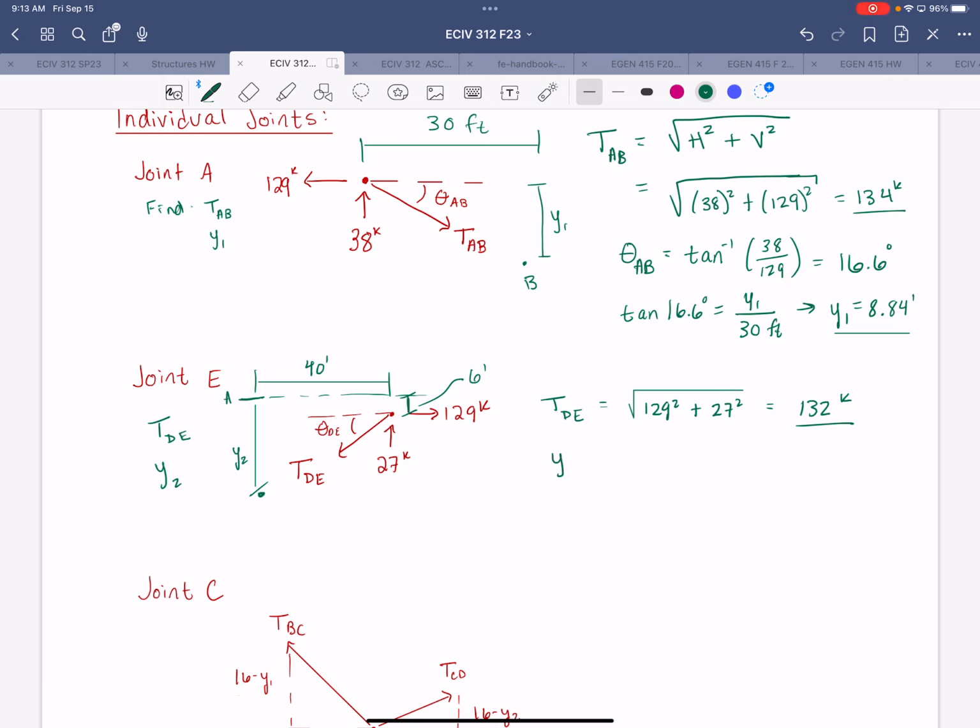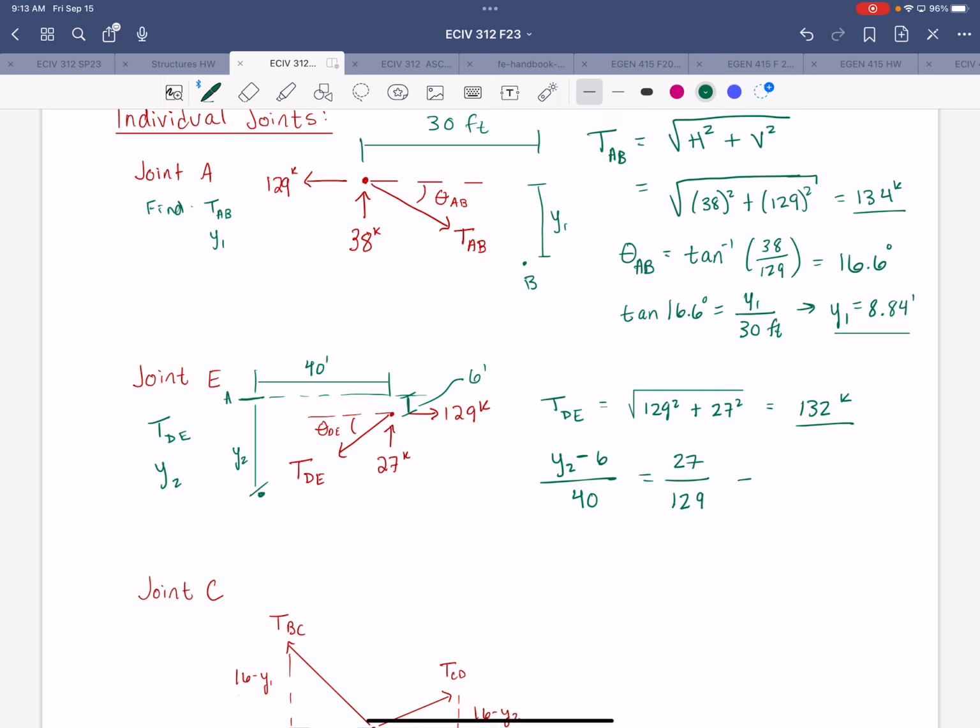And then for the geometry, I'm just going to use similar triangles. So the vertical distance from E to D is going to be Y2 minus 6, and we divide that by the horizontal distance from D to E, being 40. We're going to set that equal to the vertical component of the tension, which is 27, over the horizontal component of the tension in DE.